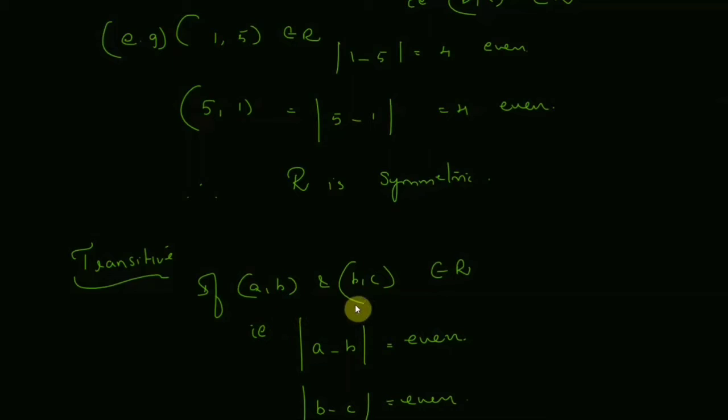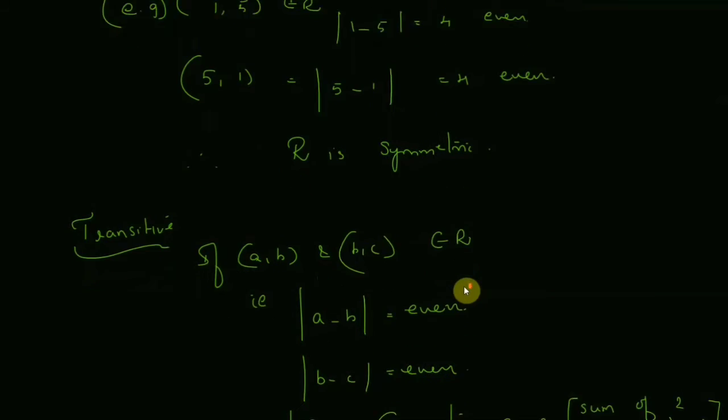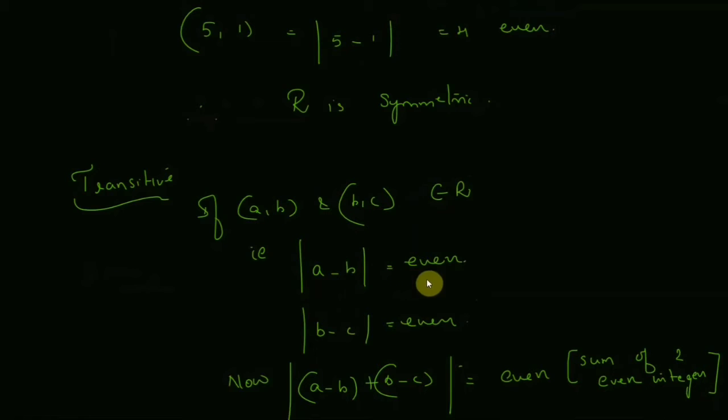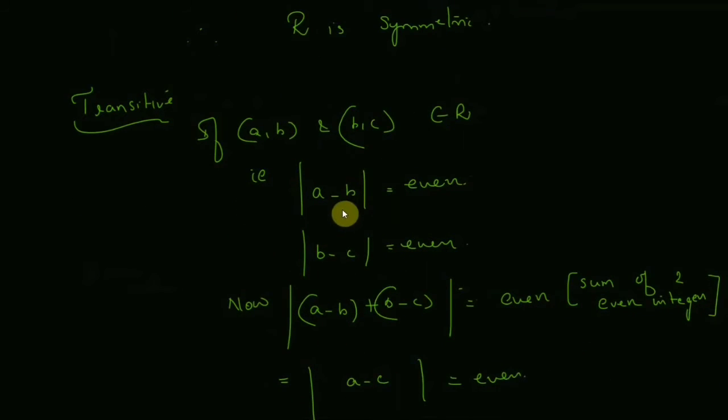Is it transitive? If (a, b) and (b, c) belong to R, that means a - b is even and b - c is even. Now you add these two: a - b plus b - c, the b's cancel, and you get a - c. If you add two even numbers, it will be an even number.